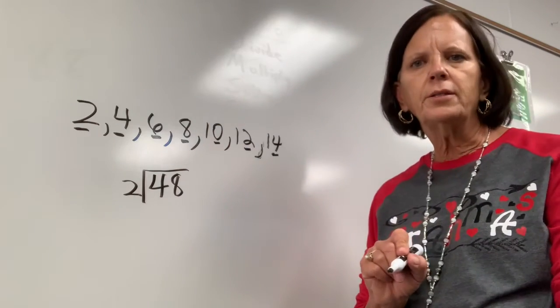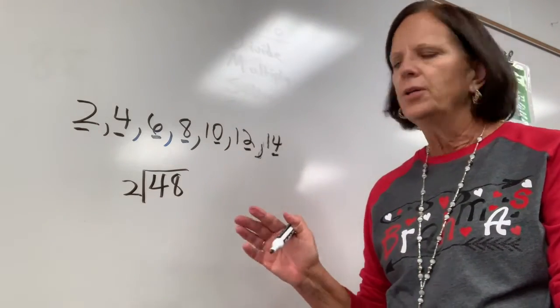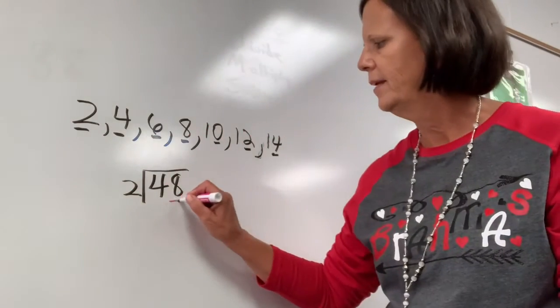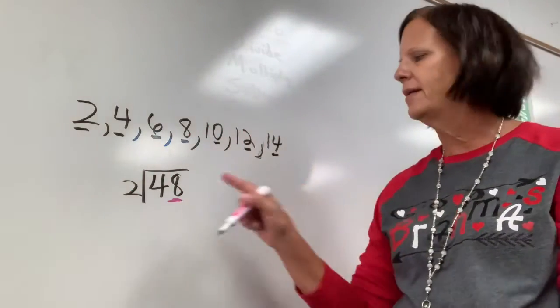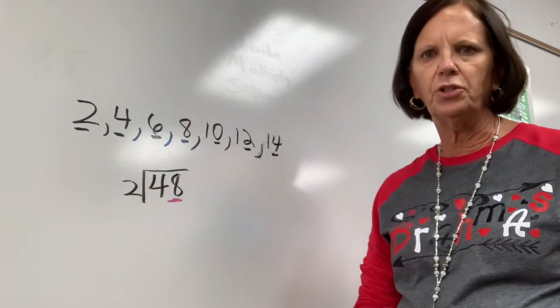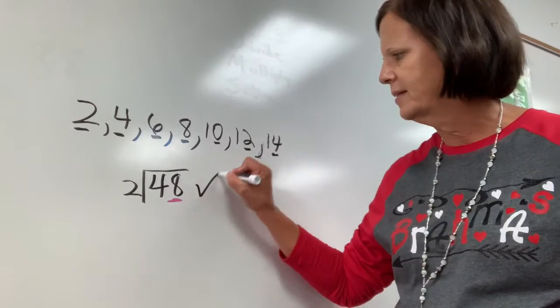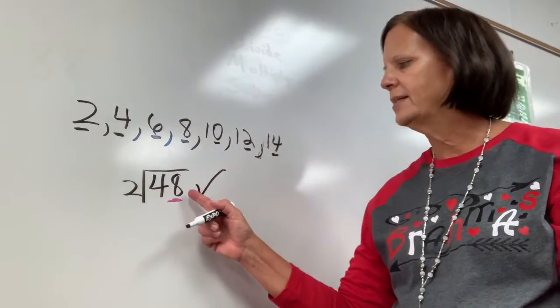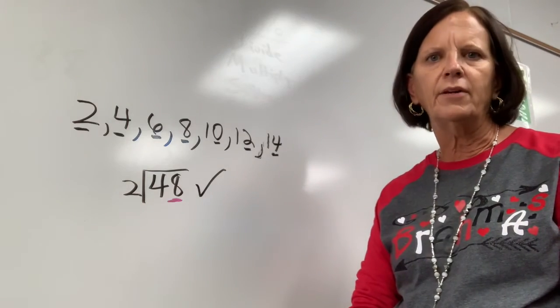You could do the division, but you can just look in the one spot, and as long as that digit in the one spot is even, you don't even have to do the division. You can just say, yes, that number is divisible by 2. Why? Because in the one spot, it's got an even number.